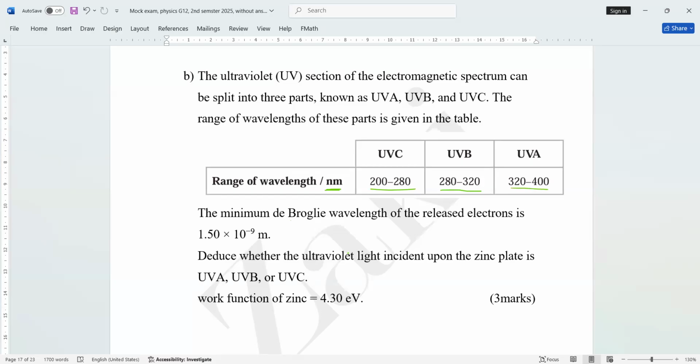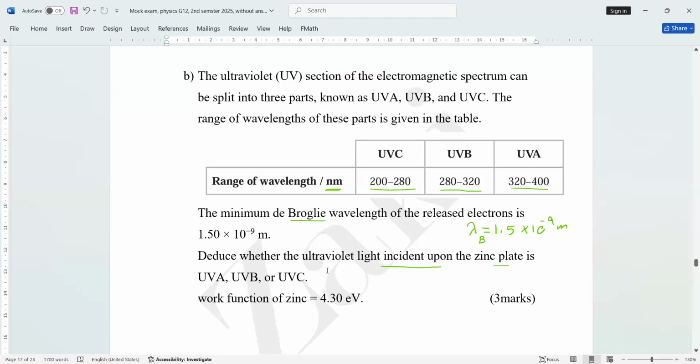The minimum de Broglie wavelength, now we have lambda de Broglie, is given as 1.5 times 10 to the power negative 9 meter. Deduce which ultraviolet light is incident upon the zinc plate.